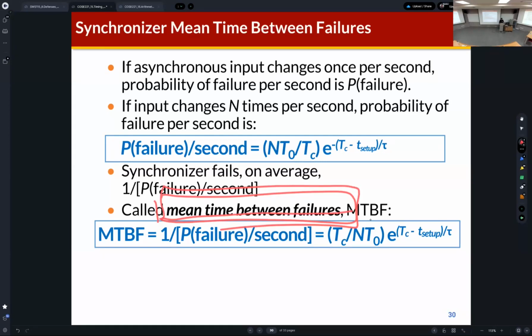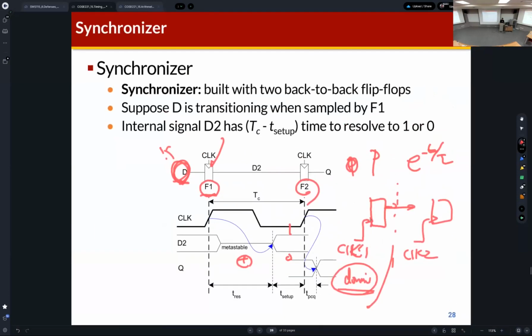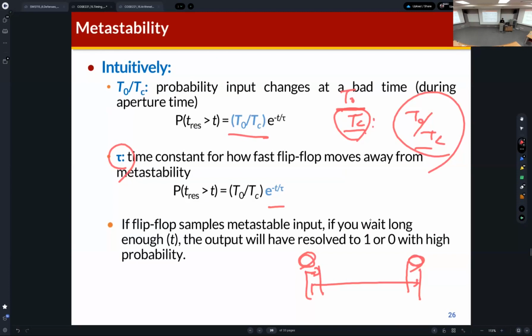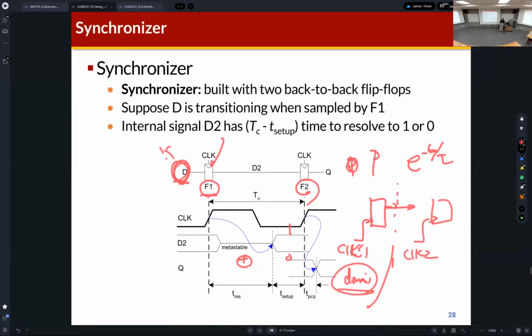But just remember that metastability can occur because of unexpected timing at the input of a flip-flop or sequential logic, and then we can avoid metastability using a synchronizer. Okay.